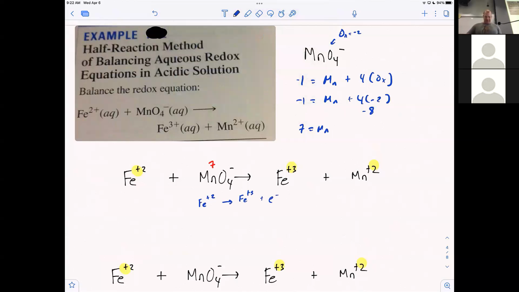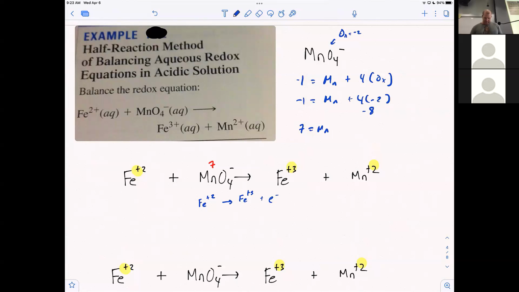So iron going from plus 2 to plus 3 is being oxidized, meaning it's giving off an electron. Remember the definition of oxidation reduction? Oxidation is loss of electrons, gain of oxygen, or loss of hydrogen. Reduction is the opposite: gaining electrons, gaining hydrogen, or losing oxygen.